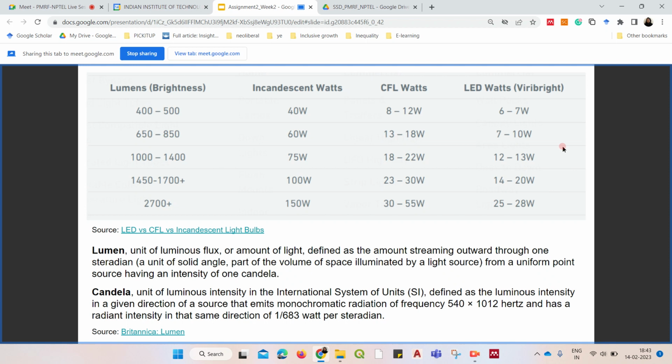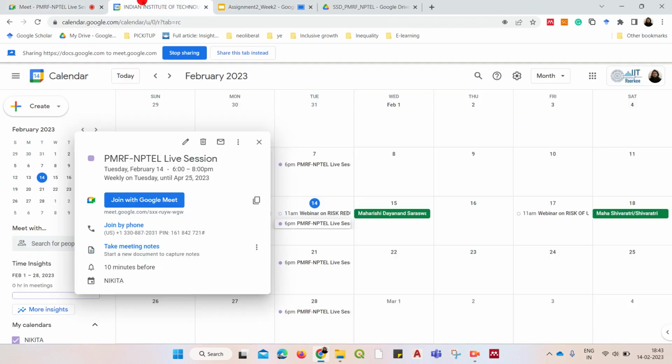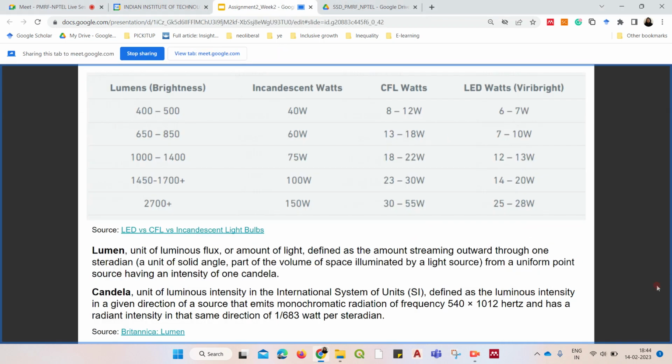Similarly, you can get charts for different products from different companies, and in those they provide you with the details of how much wattage is needed for producing how much brightness.